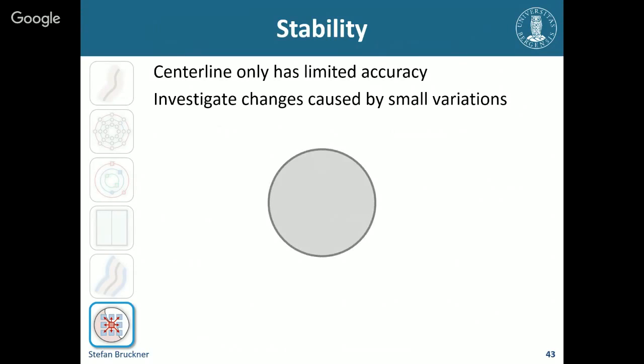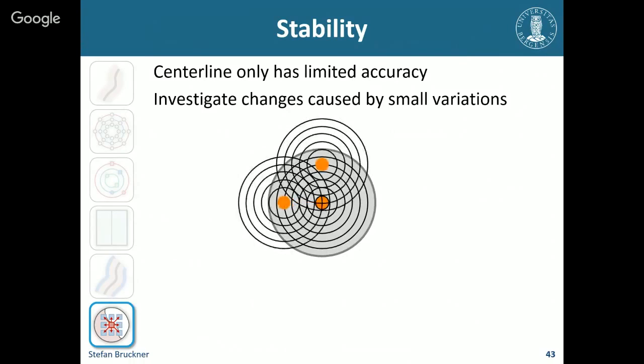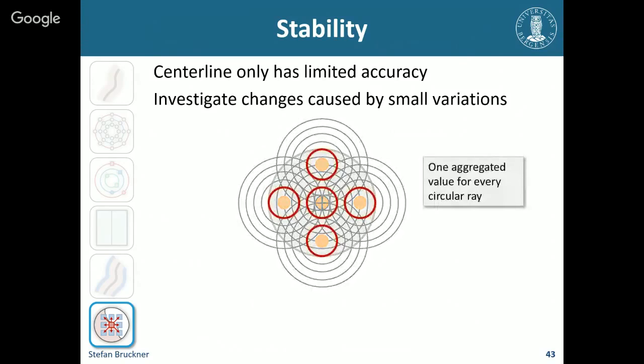So what we can also do when we are sending our curved rays is sample at multiple offsets from the actual vessel center line, aggregate, and look at the variance for each curved ray.